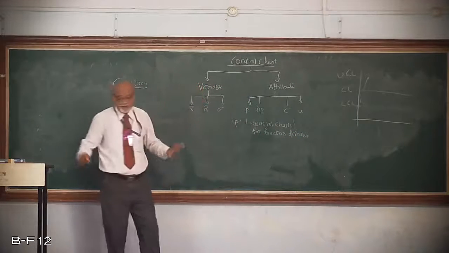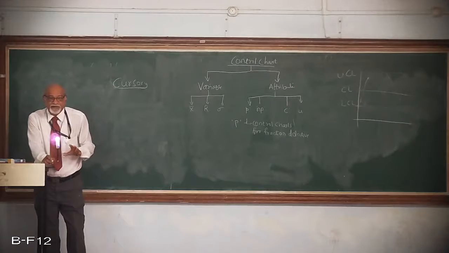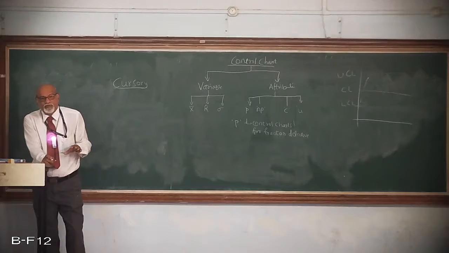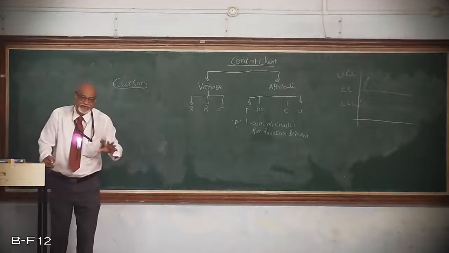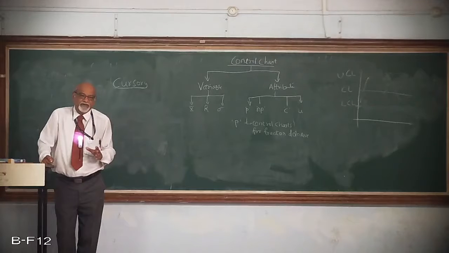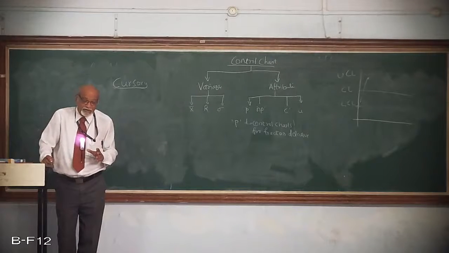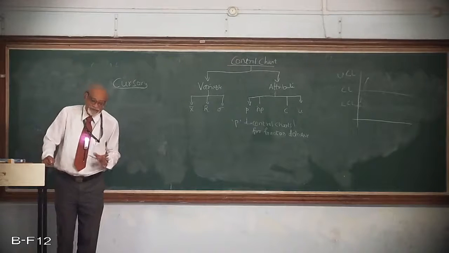Try to understand, fraction defective. And I made it clear the difference between defective and defect. Because of one or more number of defects, an item can be classified as defective. That means a defective item will contain one or more defects. Then what is a defect?